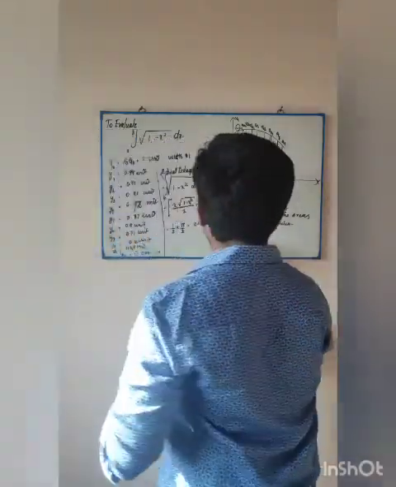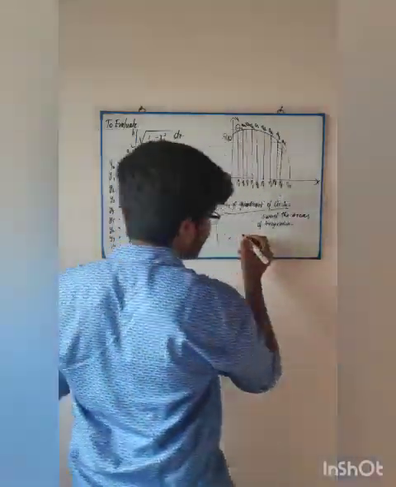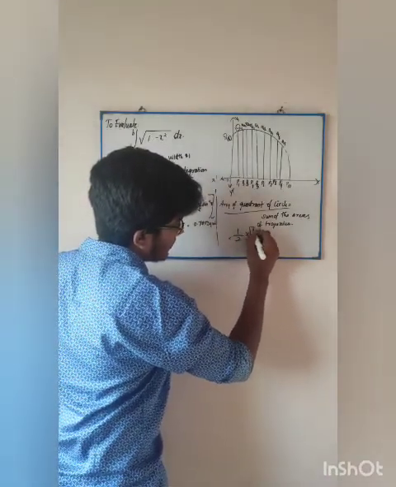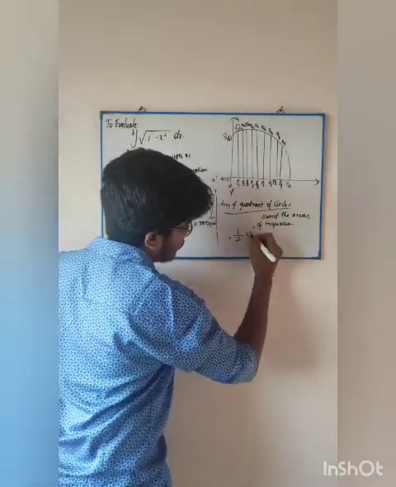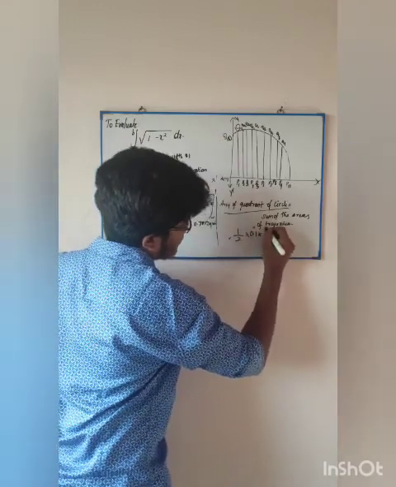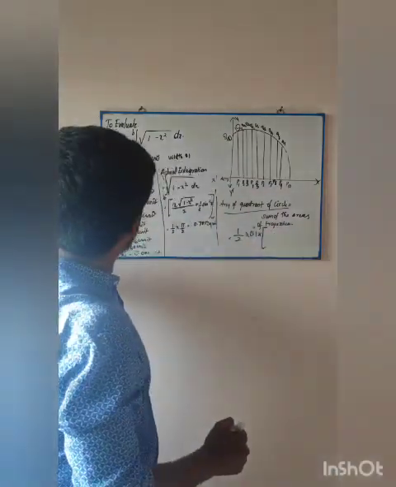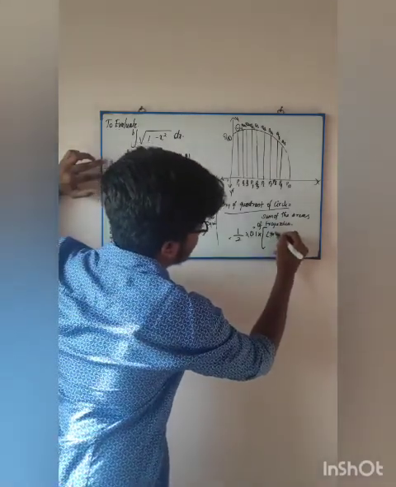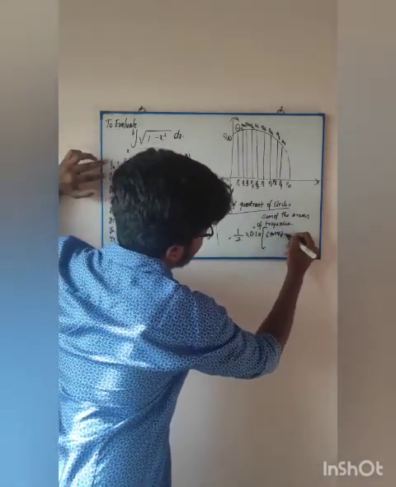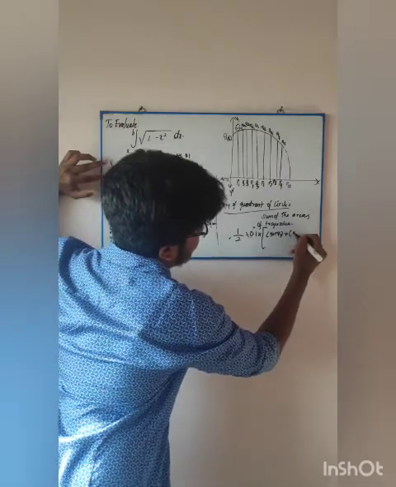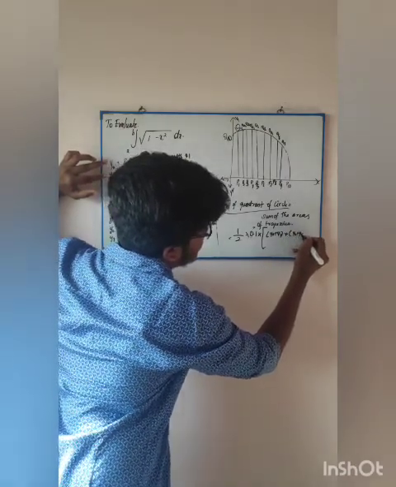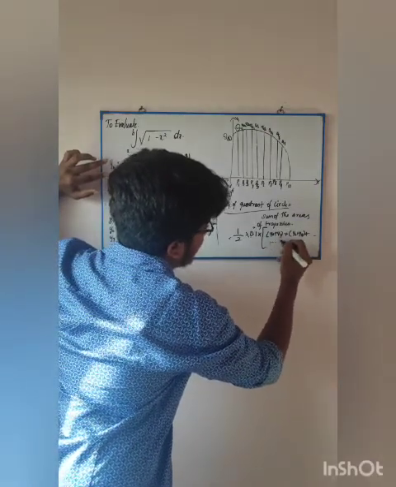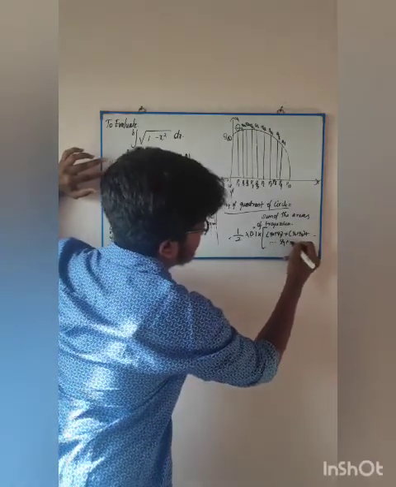That is equal to half into 0.1 into y0 plus y1 plus y2 plus y3 and so on to y9 plus y10.